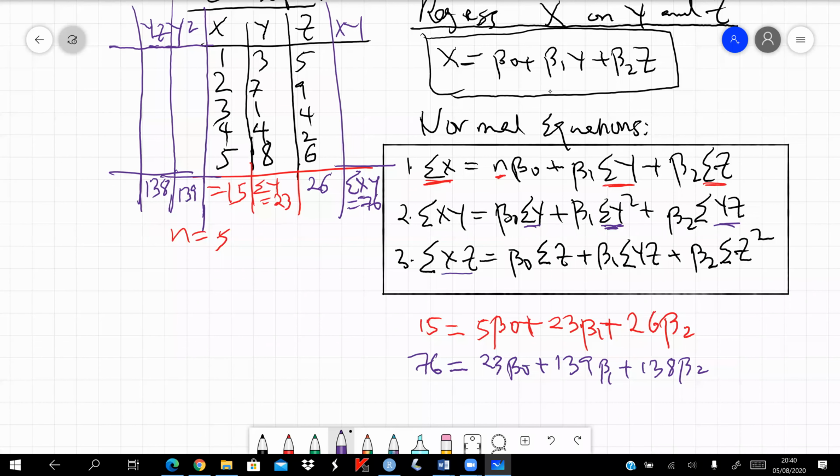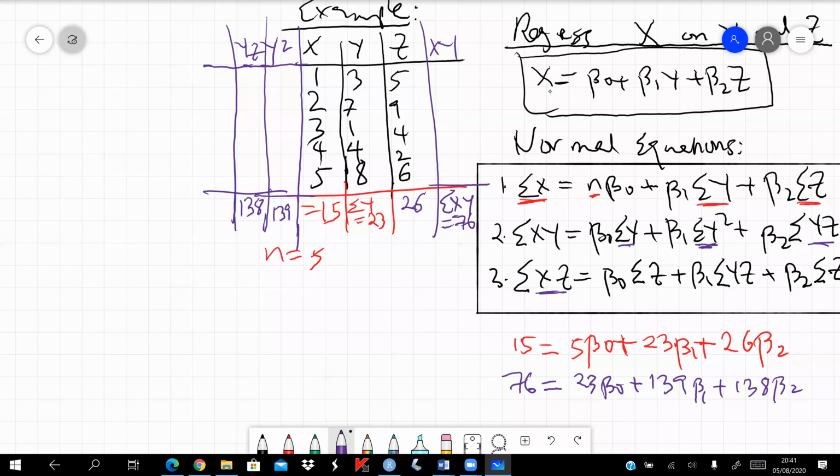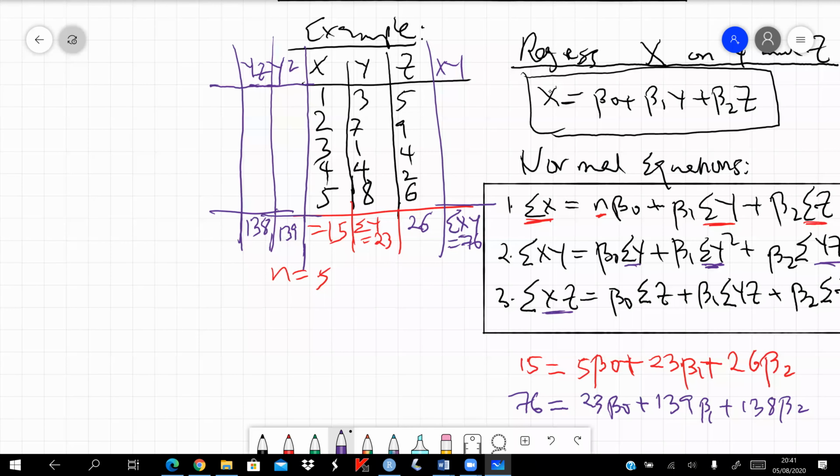Now the last equation, xz. We need xz. So we have summation of z.